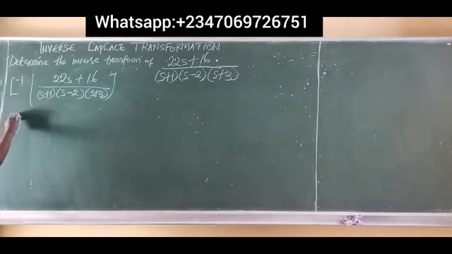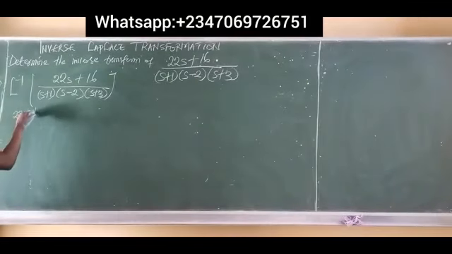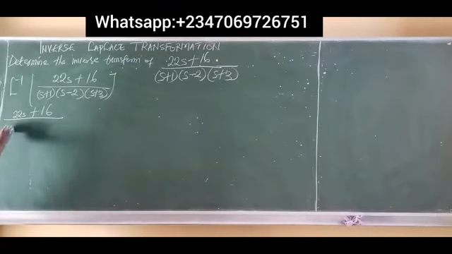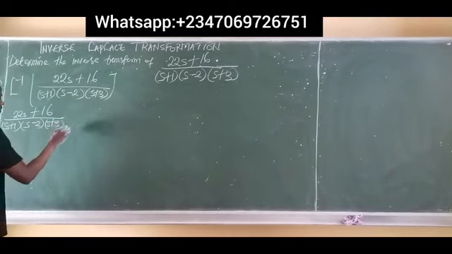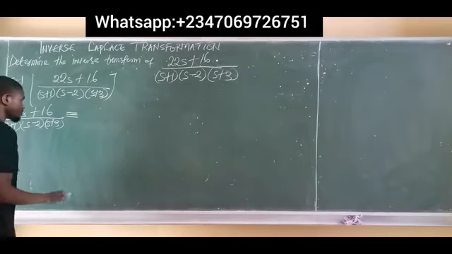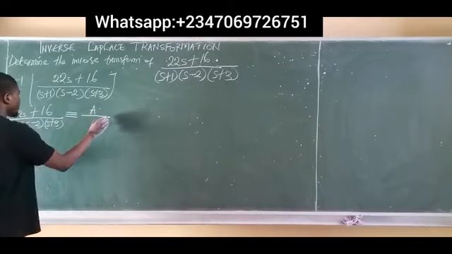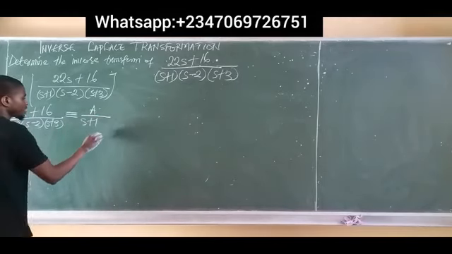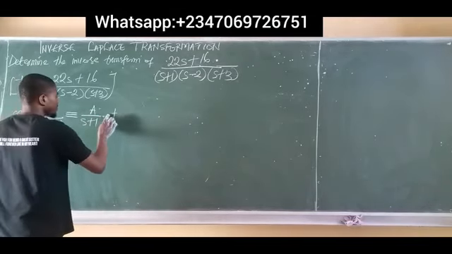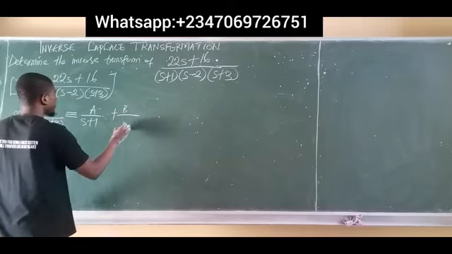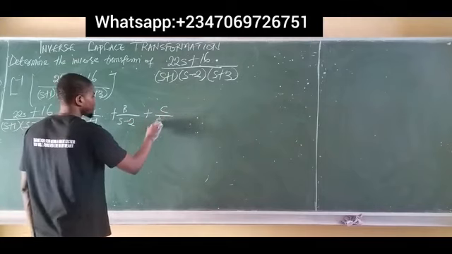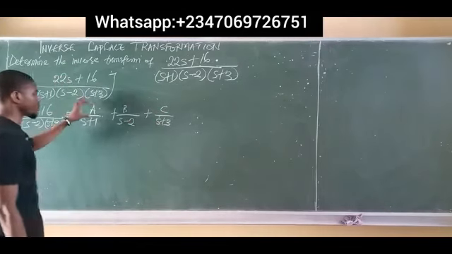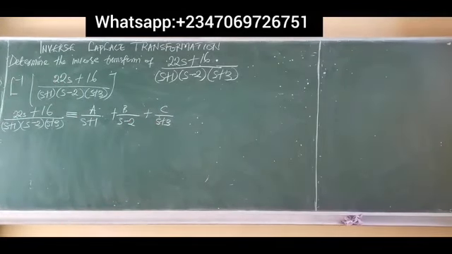So (22s + 16) over (s + 1)(s − 2)(s + 3) is equivalent to A over the first term, s + 1, plus B over the second term, s − 2, plus C over s + 3. Since we have up to 3 terms there, then we are going to be having this.